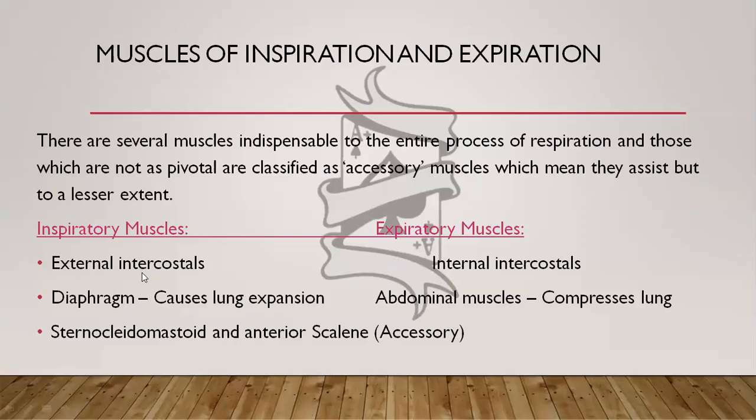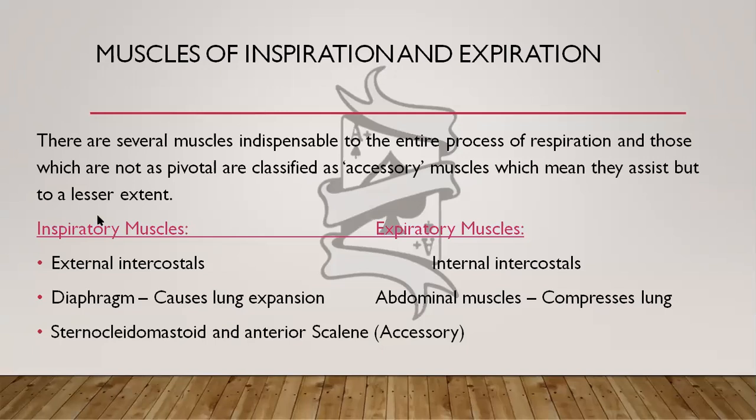So when the external intercostal muscles contract, what they're doing is pulling the ribs outwards as if you're lifting buckets. Imagine that your ribs are actually buckets, right? And if you use your arms to pull those buckets up, that's exactly what's happening.